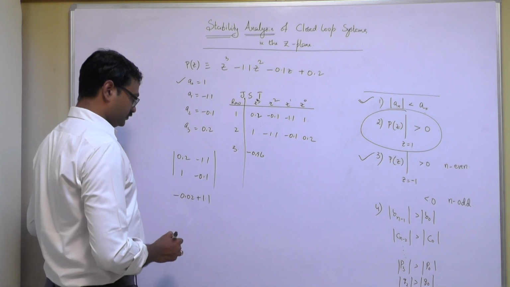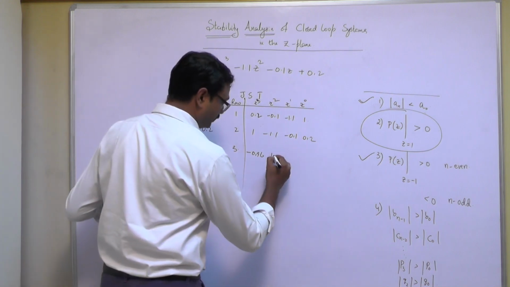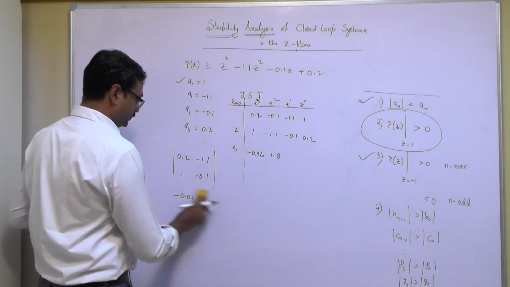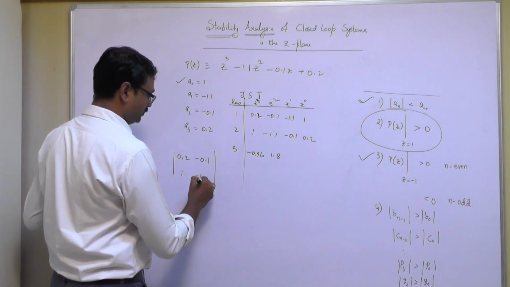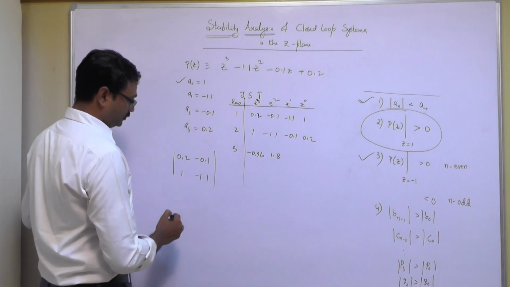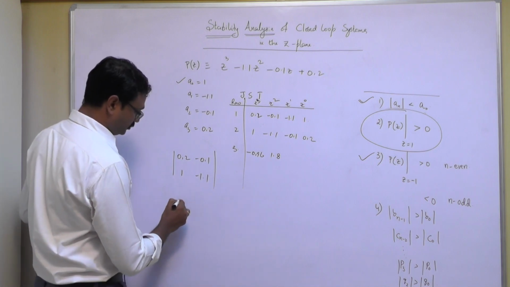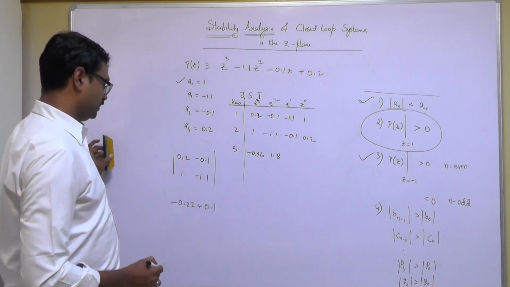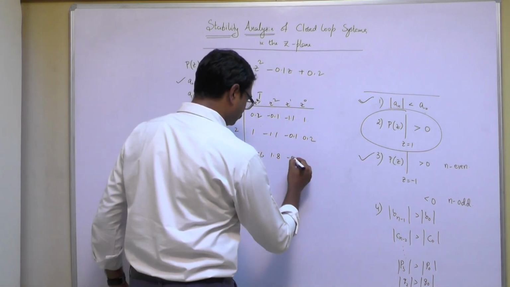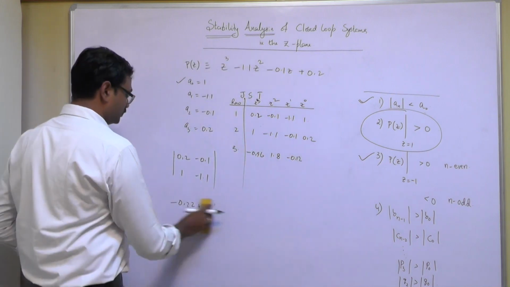So we will be having 0.88, right. And here what is the other one? Minus 0.1 and minus 1.1. Therefore, we will be having minus 0.22 plus 0.1. Right. So minus 0.12. Minus 0.12 is our condition.